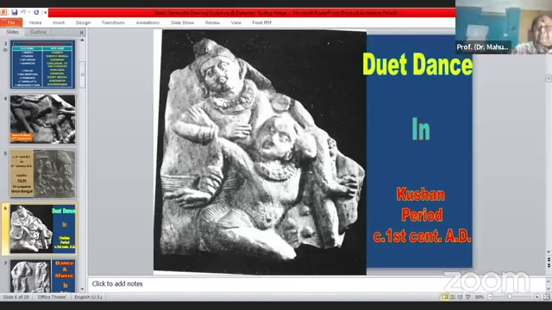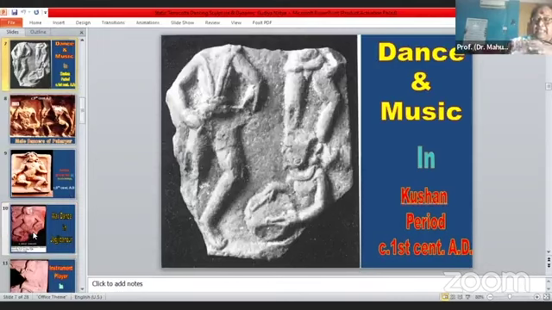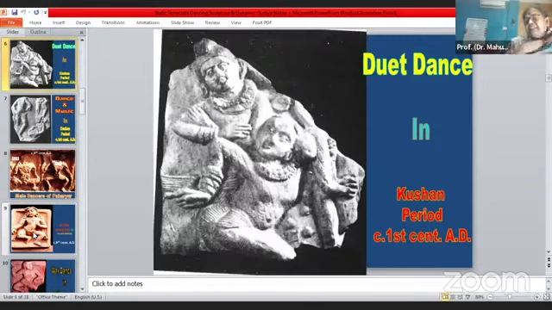And behind, one elite person is watching her dance with Utsanga Hasta, very gracious and elegant, and the eyes are so big, and the lips are full of Shringara Rasa, with bangles and the Griva Angada, a beautiful necklace, and bangles and big earrings.